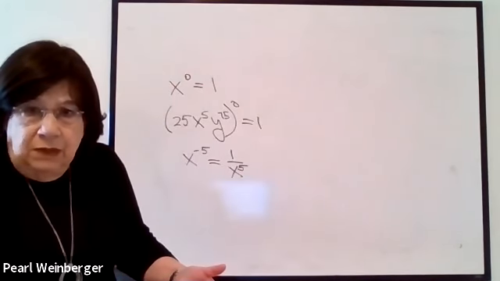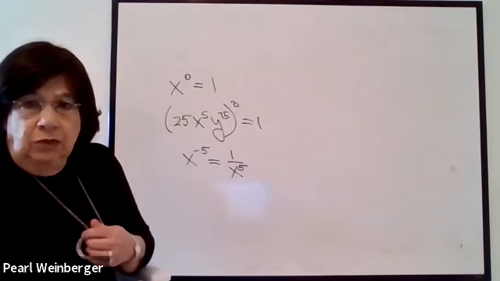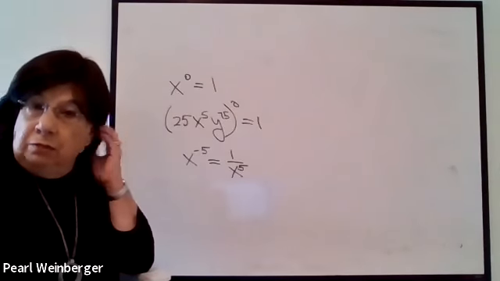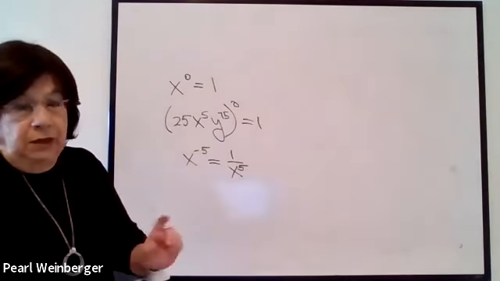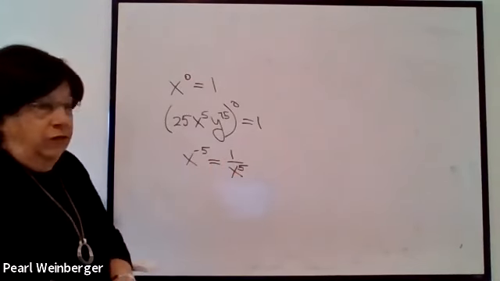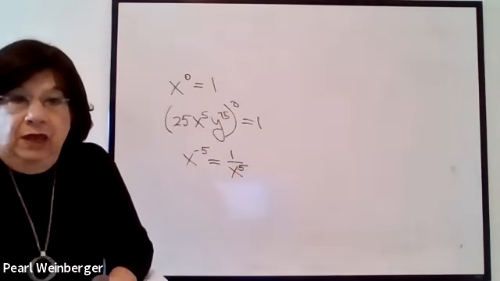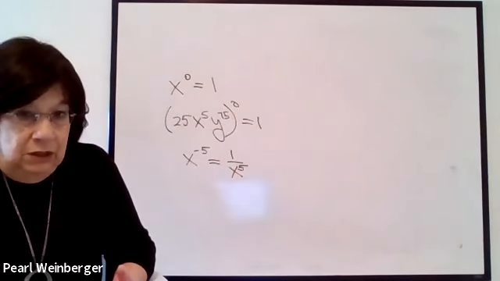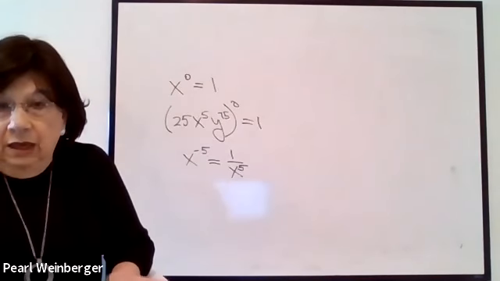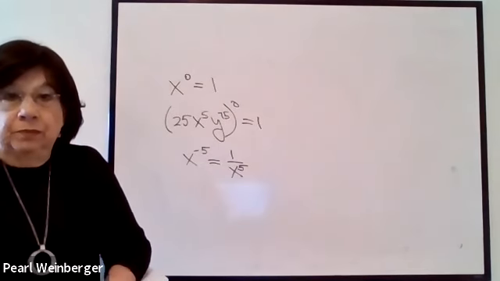That absolutely doesn't make sense. How can you do that? What it means is that you're taking the reciprocal of your number and you're making your exponent positive. In other words, it's 1 over x to the 5th. So we have to keep in mind every time we see a negative exponent, what we're going to be doing is taking reciprocals.